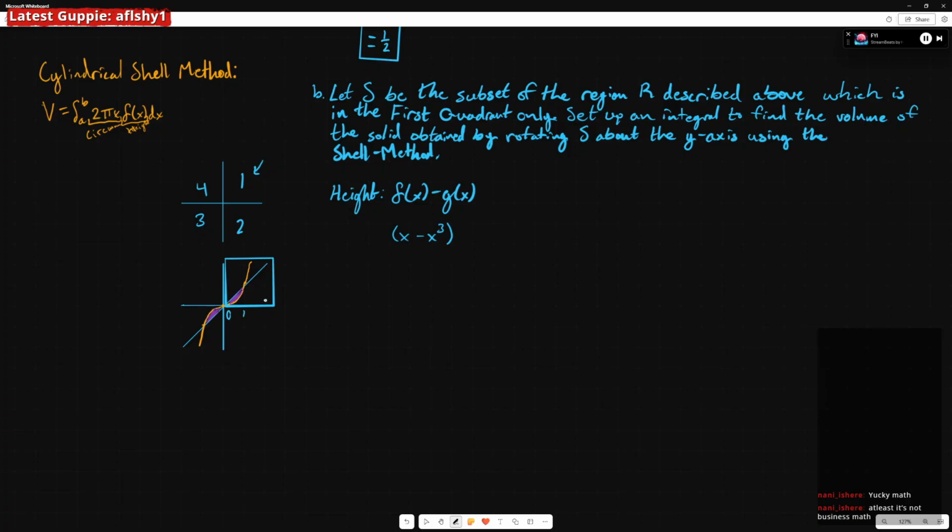So the actual integral will say that the volume is equal to the integral from 0 to 1 of 2 pi x times x minus x cubed dx. And that's it. This one is very easy compared to the washer method to set up, I think.